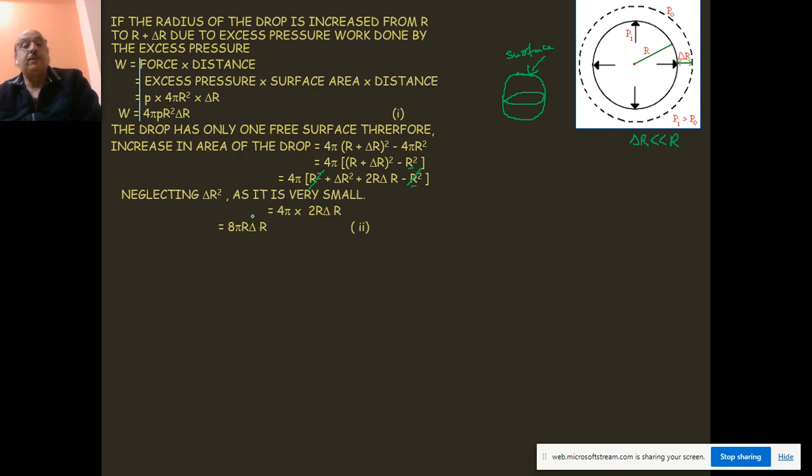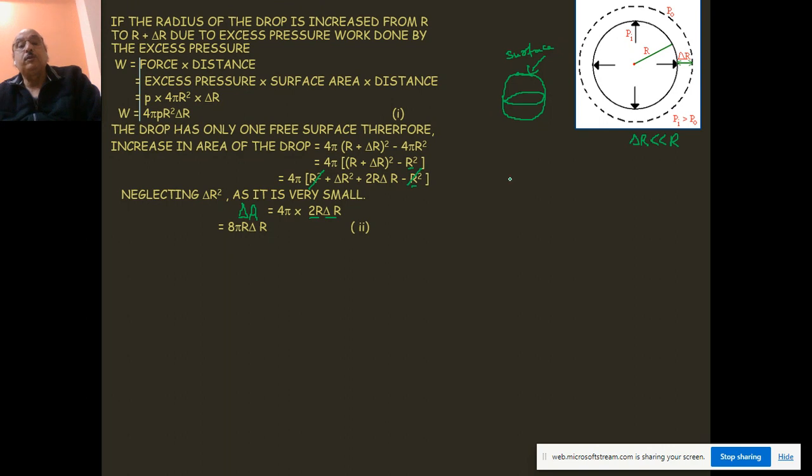Hence, the increase in area is 4 pi into 2R delta R, or it is equal to 8 pi R delta R. Why are we calculating this change in area?